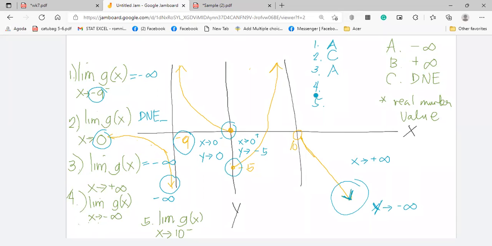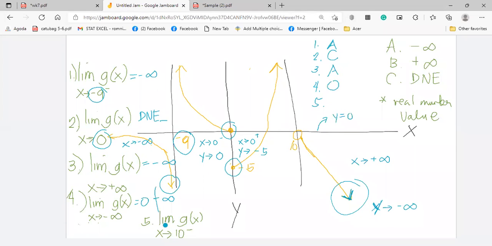In number 4, when x keeps on decreasing, y gets closer to 0, because this acts as a horizontal asymptote, y is equal to 0. Number 4, it is 0.